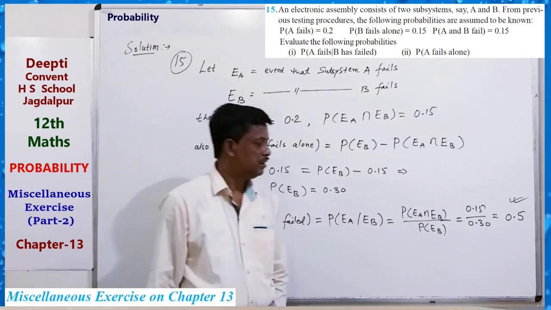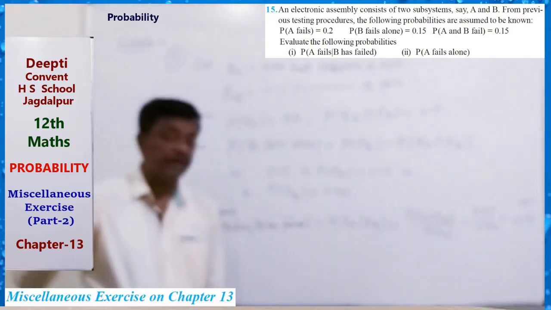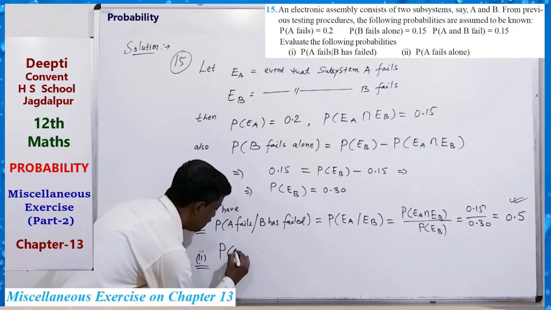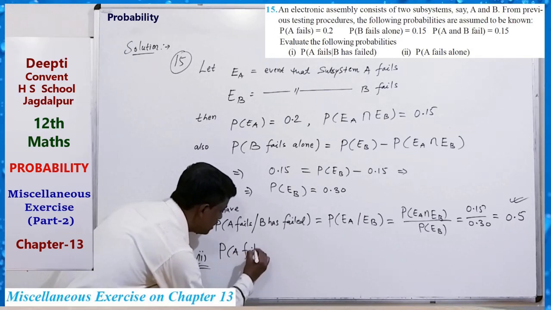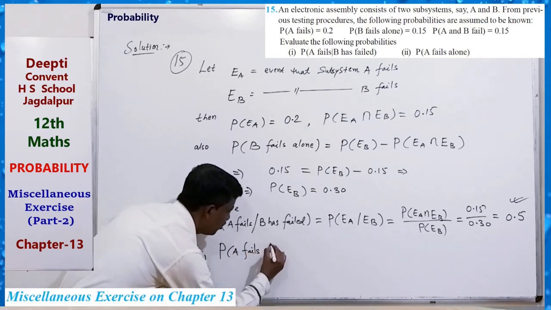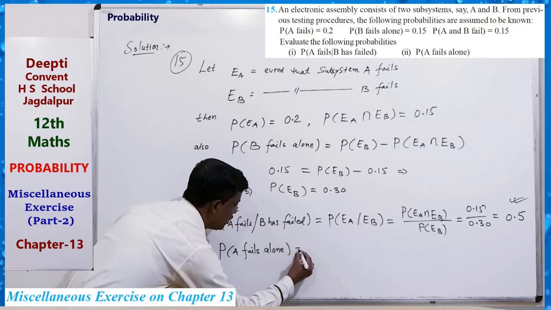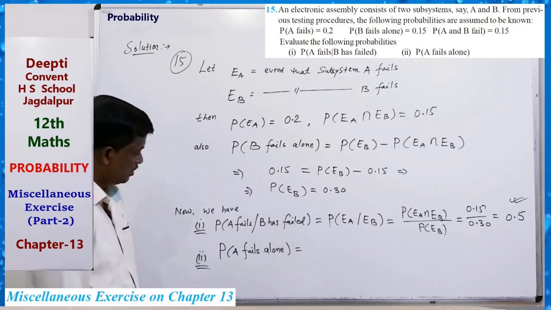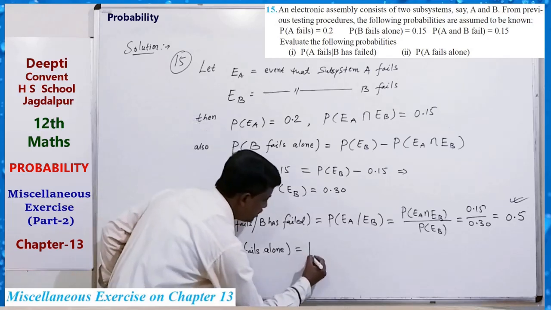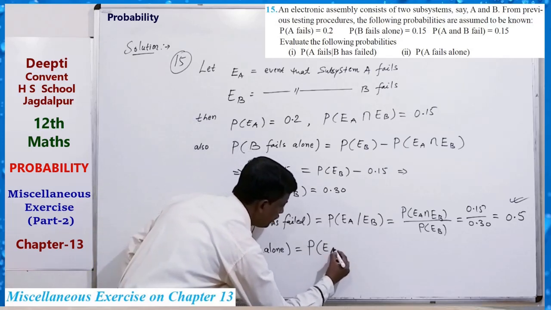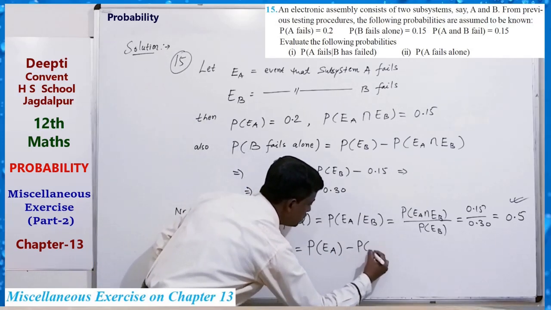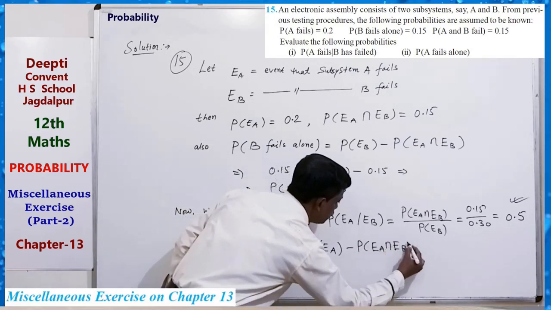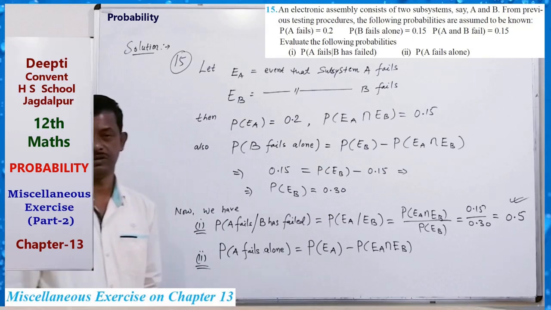We have to find P(A fails alone). How can you find it? Just like this formula: P(A fails alone) means P(A fails) minus P(A and B both fail).